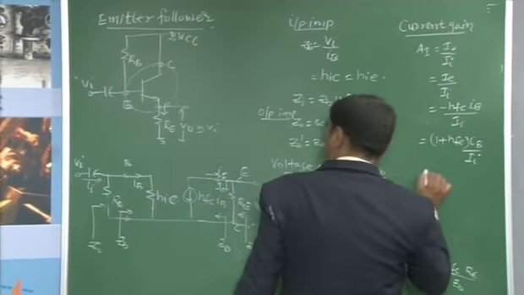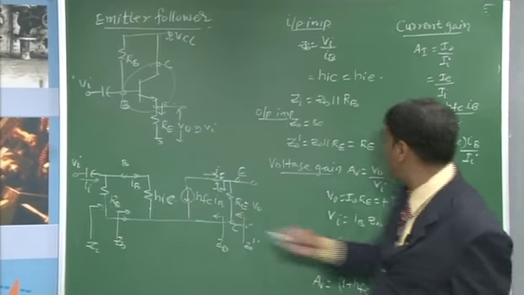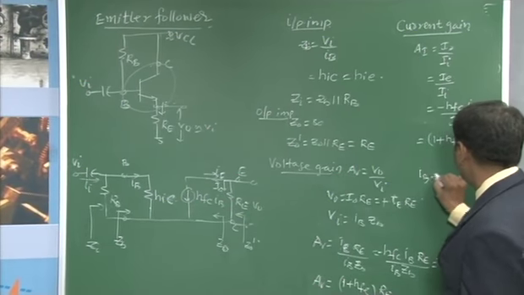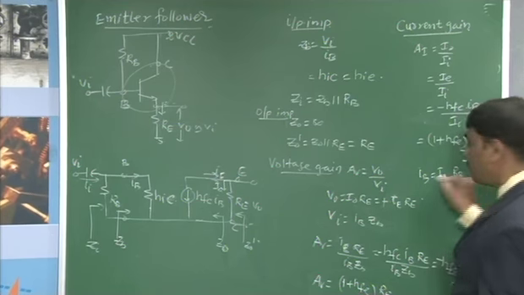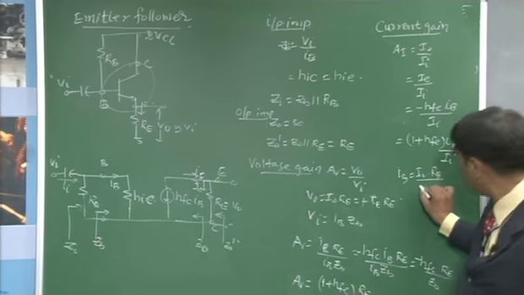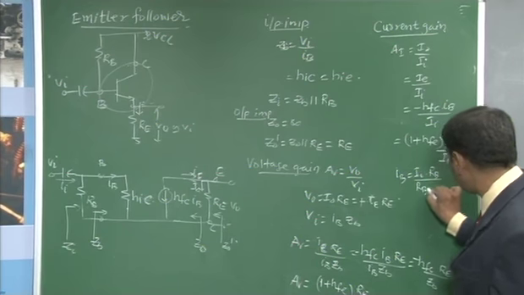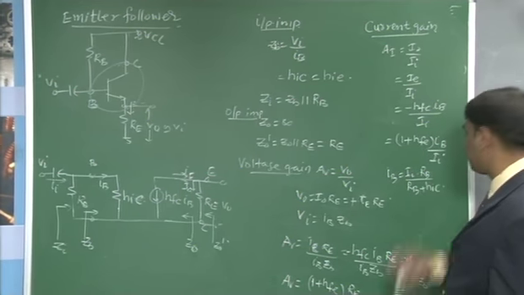Therefore, from this circuit analysis, we will get IB equal to the total current II into the opposite branch resistance RB, divided by RB plus HIC.